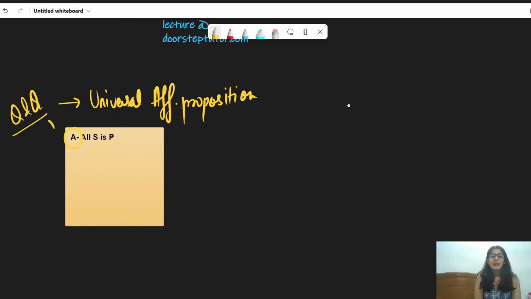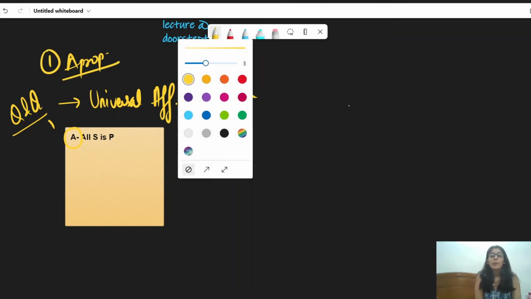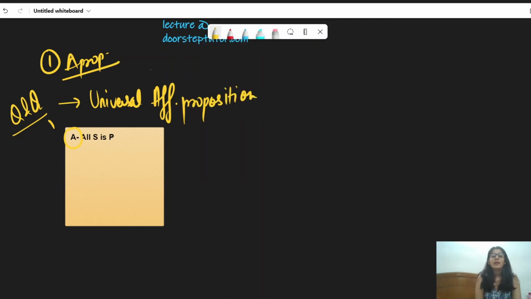I'm not saying A as in English A, I'm saying the A proposition. They are A, E, I, O, and I'm discussing the first one right now. So the A proposition is a universal affirmative proposition. You can also call it a universal positive proposition.